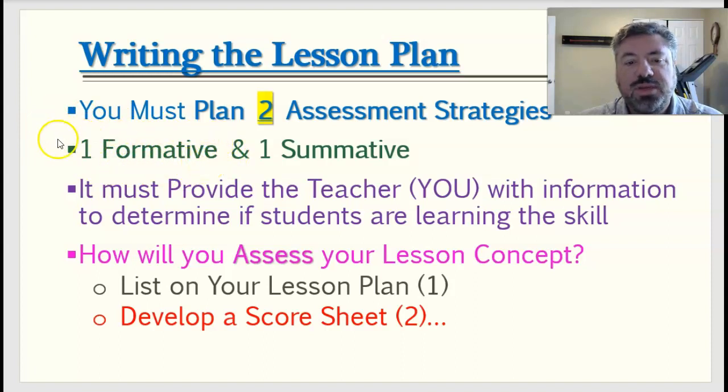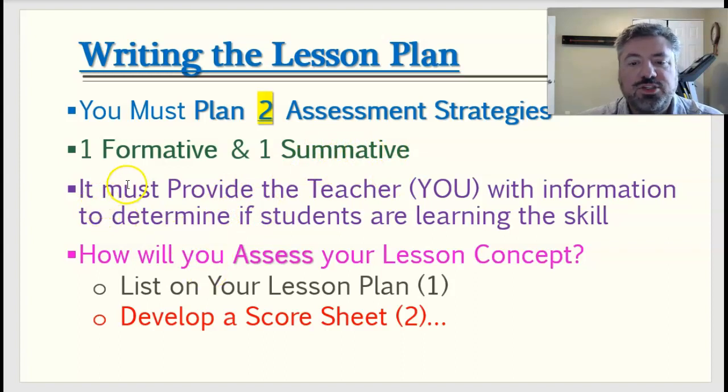This probably could be an observation, an interviewing technique, asking somebody to show you form. And then one summative assessment strategy that needs to be directly tied to your performance objective. So whatever your performance objective says you're going to do, that could almost be identical to what your summative assessment strategy is, and you need to try to do this if time allows for it in your lesson.